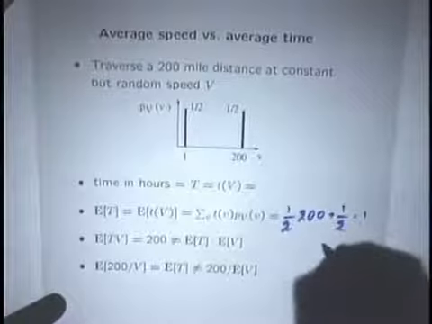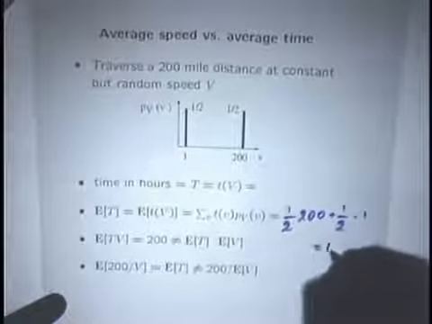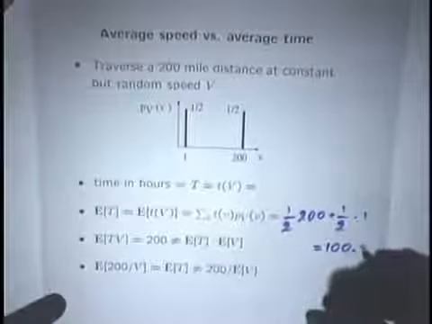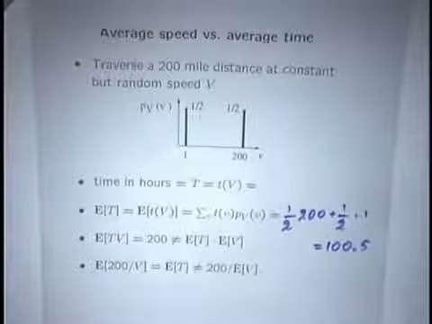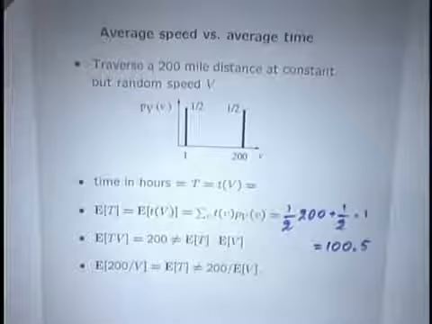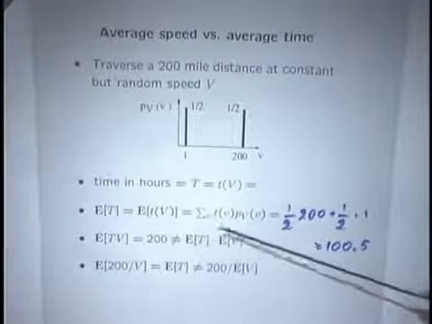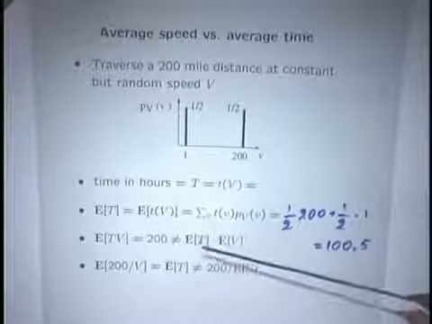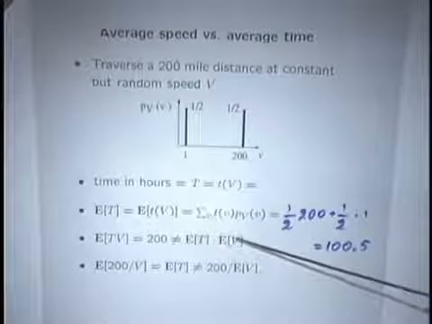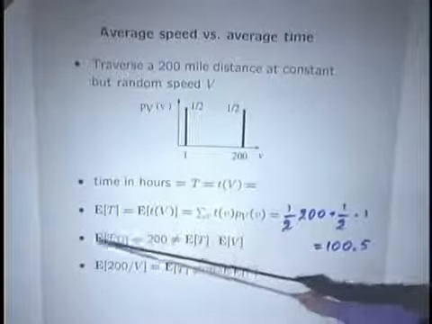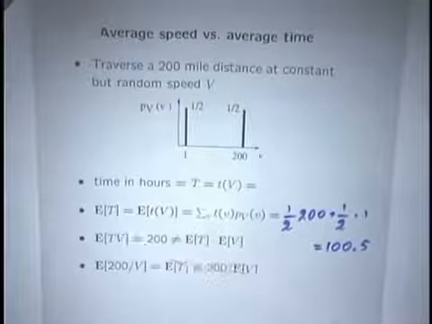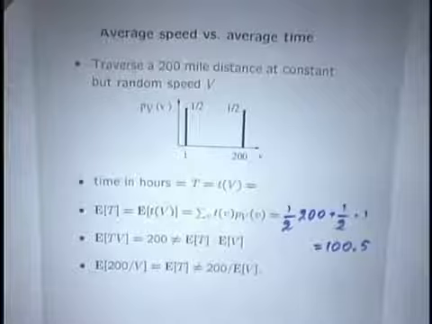So the expected value of t is once more the same as before. It's 100.5. So the expected speed is 100.5. The expected time is also 100.5. So the product of these expectations is something like 10,000. How about the expected value of the product of t and v? Well, t times v is 200.